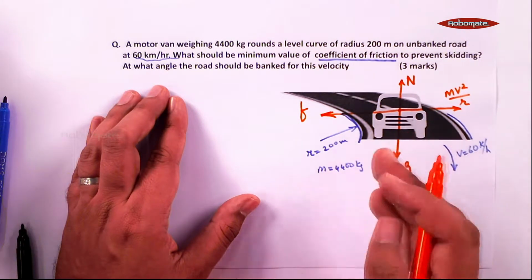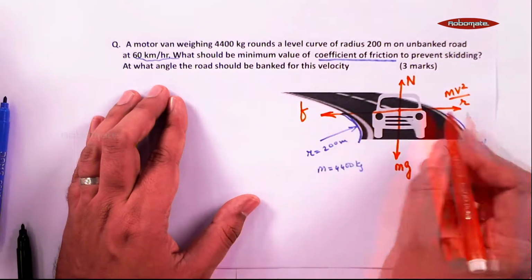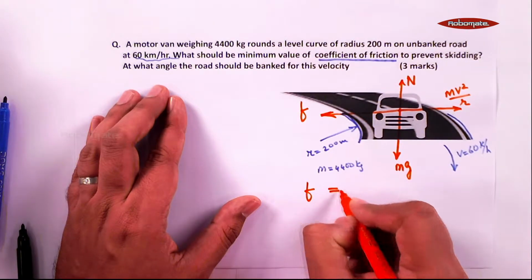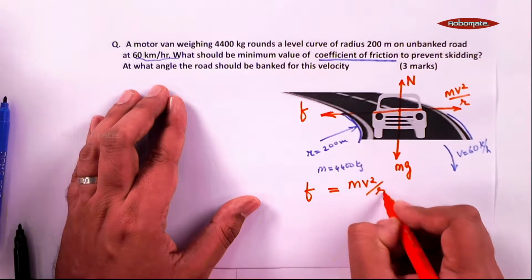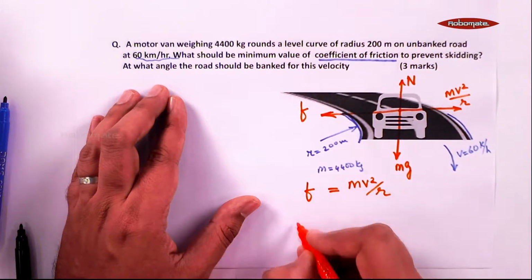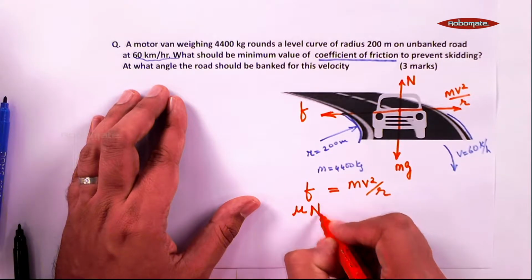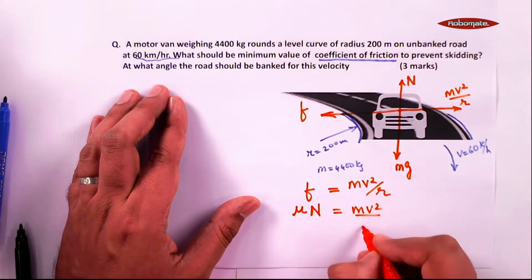Now, if this condition is in equilibrium, then the horizontal forces balance each other. Means the frictional force is just equal to the centrifugal force. Okay, but friction by definition is written as mu, coefficient of friction, into normal reaction, which is equal to mv square by r.